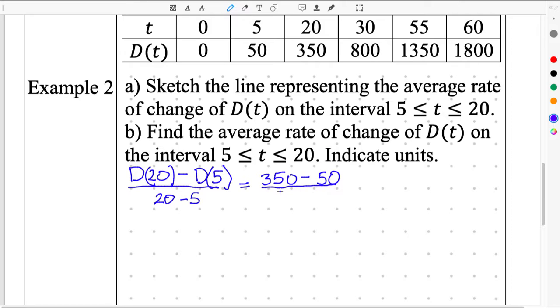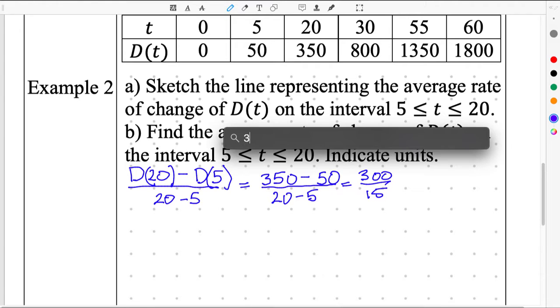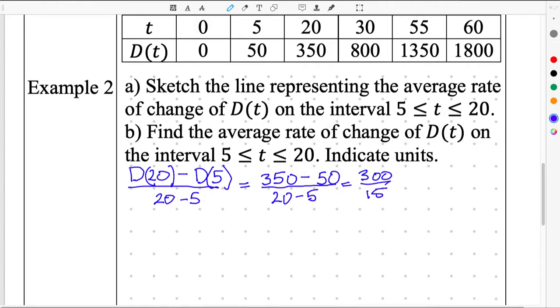All of this divided by 20 minus 5. That turns into 300 divided by 15. Mental math, don't know. 300 divided by 15 is 20. So this is equal to 20. And again, the same units as last time, meters per minute. So the slope between these points, 5, 50 and 20, 350, the slope is 20, and the units are meters per minute.